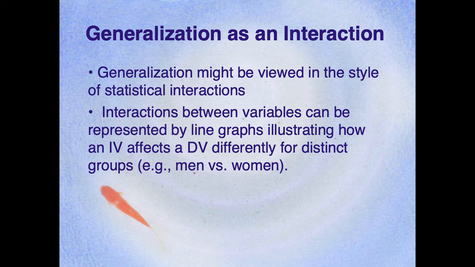So we describe this sometimes as a statistical interaction. Generalization could be viewed as an IV times moderator interaction on the dependent variable, right? These can be displayed as line graphs, or sometimes people use bar graphs for interactions, showing that the bars can be different, just like in the previous example with the Japanese and North American views on the fish, and how they notice different things.